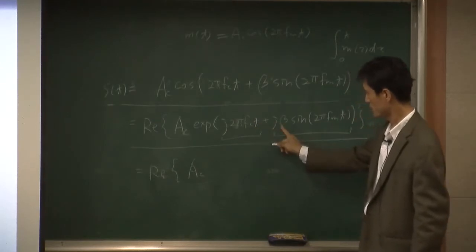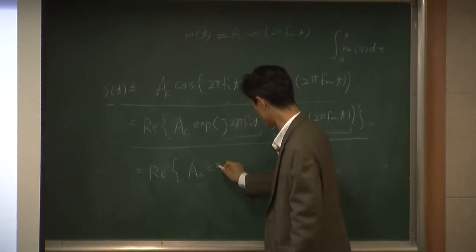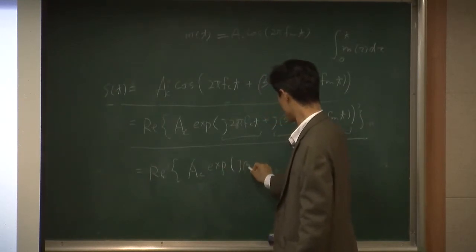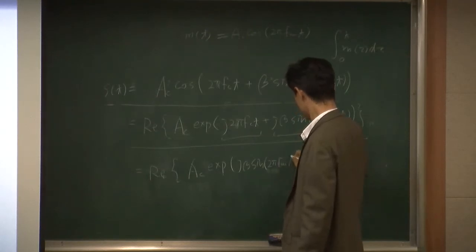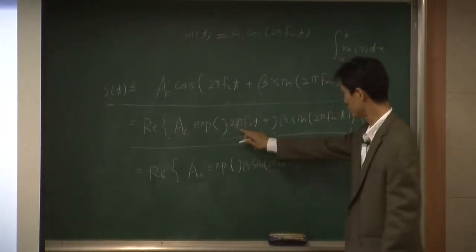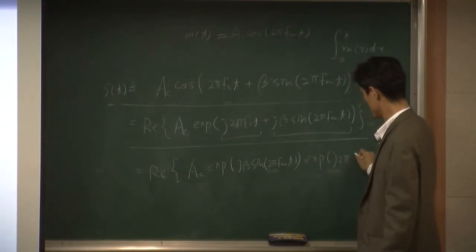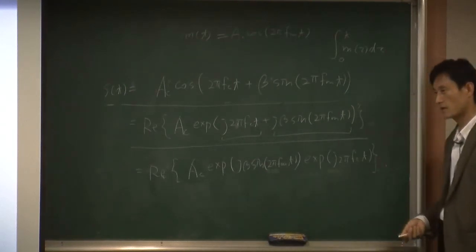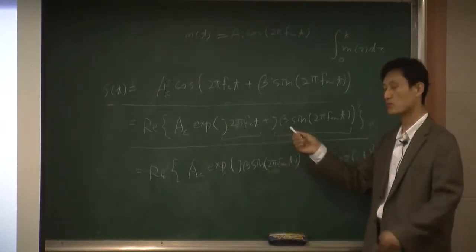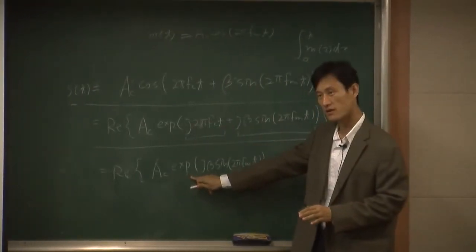We have two terms. The exponential of the second term, with j beta, we're going to bring into here and put this one here. Simply, we split these into two different exponentials and bring the second exponential here.